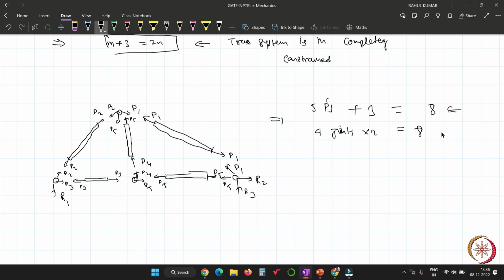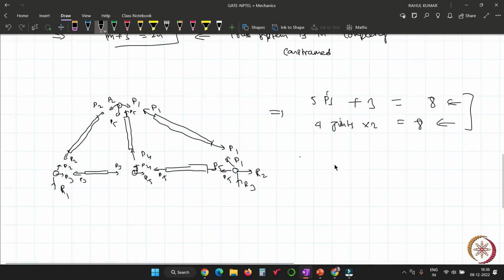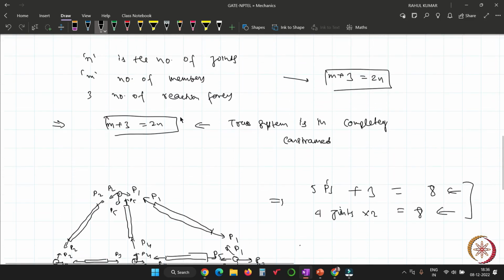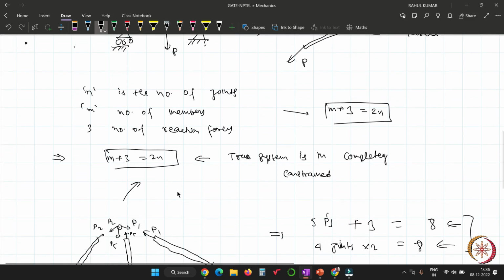So you have 8 unknowns and 8 equations, 8 equal to 8. So the system is completely constrained. Whenever you try to solve any truss problem, first you need to check this condition, otherwise you will be in trouble. Okay, so let's move to one sample problem.